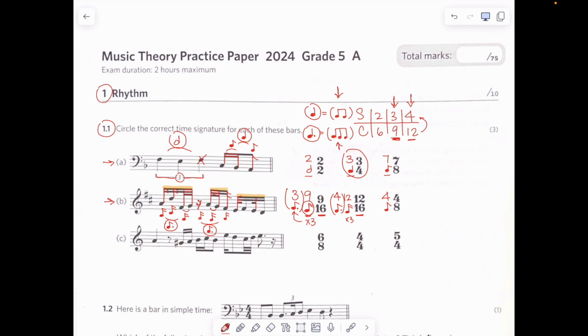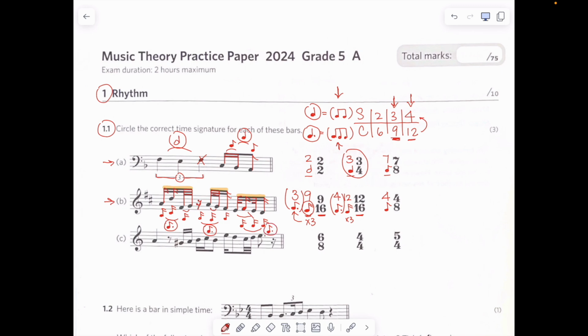This one here just goes the other way because the beams need to be joined together, but this is also 1, 2, 3 beams. So this is another demi-semiquaver. Together, they make one semiquaver. Now the note in the middle has two tails, so this is a semiquaver. I'm going to put another semiquaver here. The last note here is also a semiquaver. So we have, again, 3 semiquavers here, and together they make another dotted quaver.